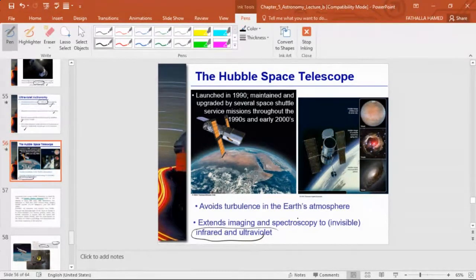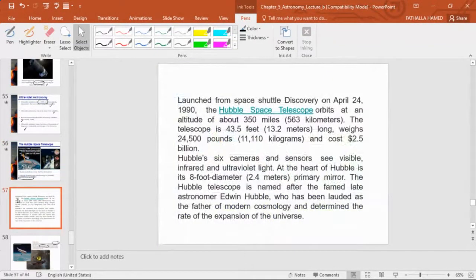It is outside the atmosphere of the Earth, so it avoids the atmosphere that can block the infrared or ultraviolet. It was extended to include the infrared and the ultraviolet, and you may have seen nice photos taken from space. Some of them are taken by this Hubble telescope.